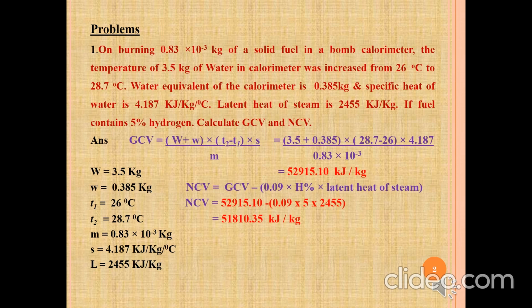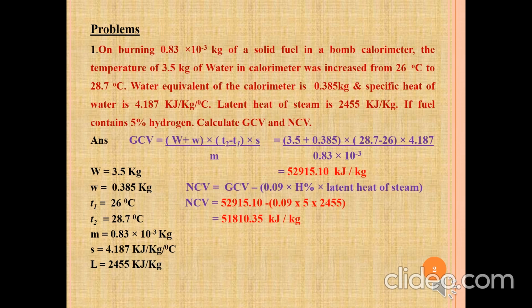Once we have the answer for gross calorific value, we go for net calorific value. The formula used for net calorific value is NCV equal to GCV minus 0.09 into percentage of hydrogen into latent heat of steam. So you have to substitute the given terms into the NCV formula.